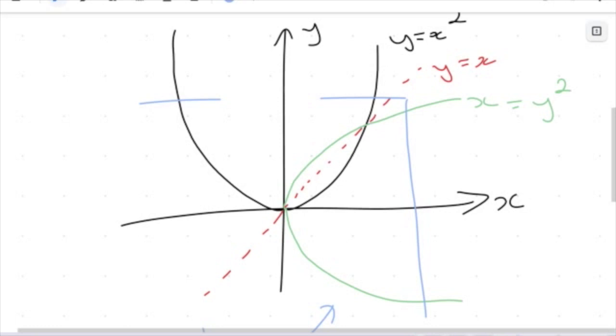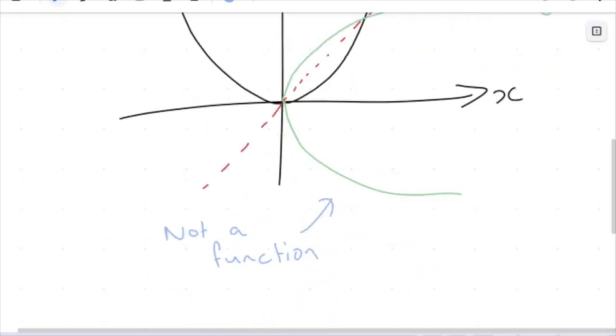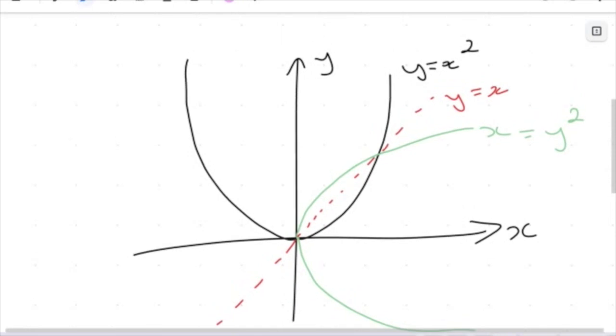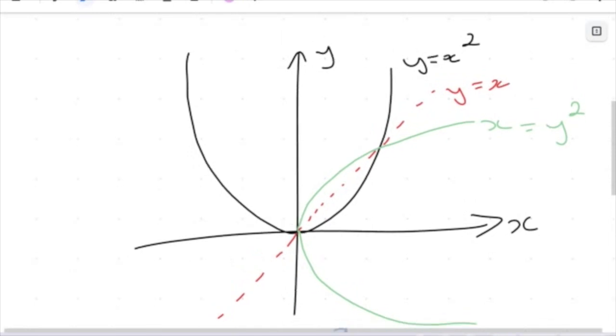But here, this is not an inverse function, so it doesn't actually work, because this is not a function like we said before. So for a function to have an inverse, as we said, it needs to pass this horizontal line test. If it does not, it will not have an inverse function.